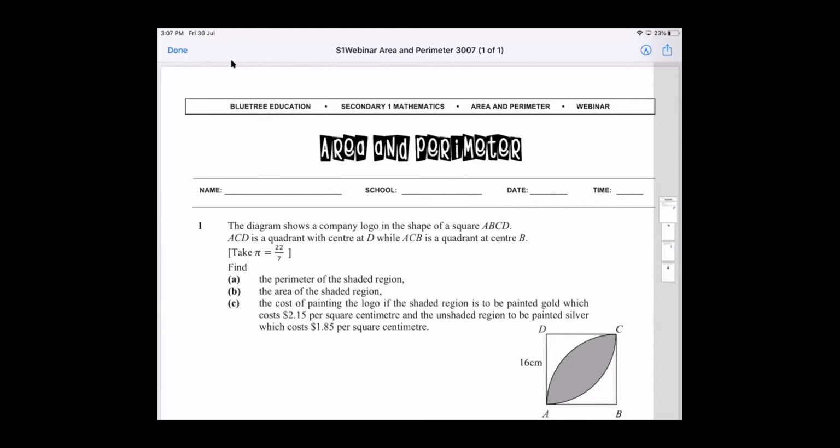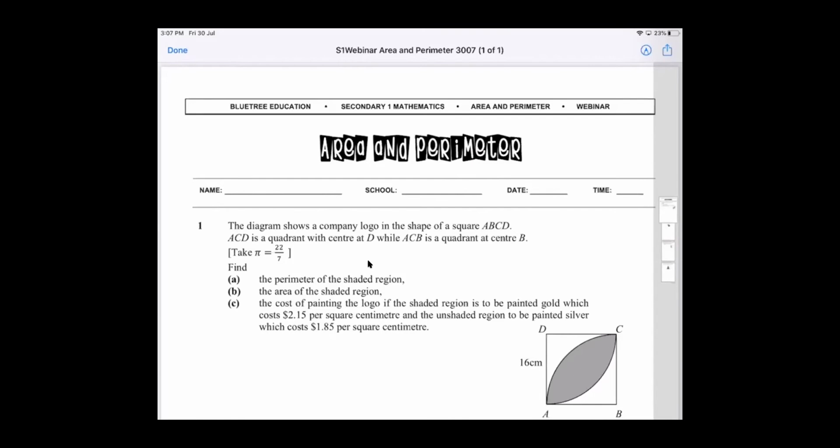All right, I'm going to show you a summary first. Today our topic is area and perimeter. But area and perimeter is not totally unfamiliar. I think most of you should have noticed that your Sec 1 syllabus builds a lot on the P6 syllabus.